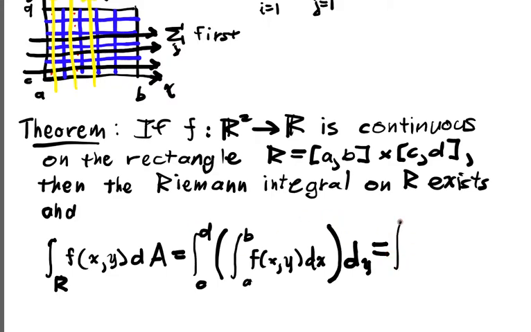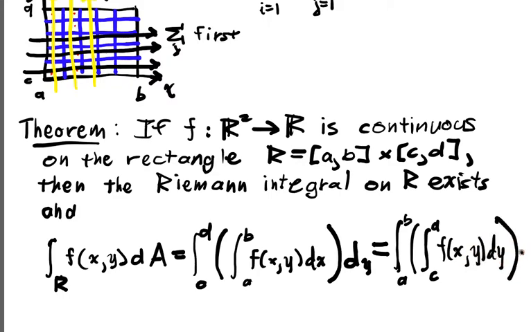And it's also equal to, well, we can change the order. The integral from a to b, now the integral from c to d, f(x,y) dy, so we leave x fixed and we have a dx out here.